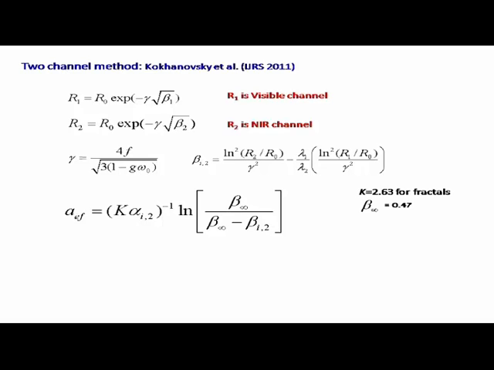Solving these equations, we finally have the equations to retrieve the effective grain size, and this model can take care of any effect of pollution in the NIR region from where you are estimating the snow grain size.